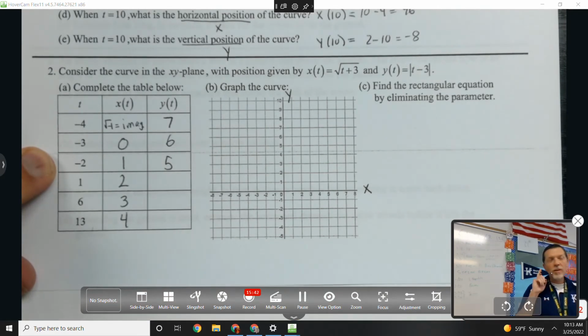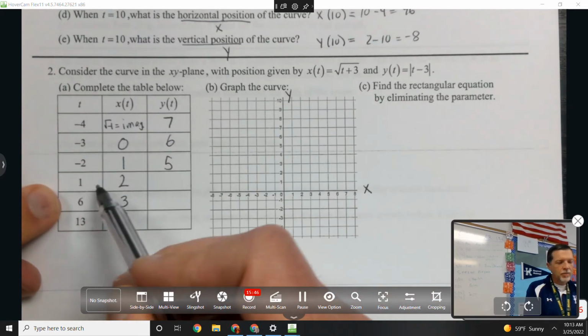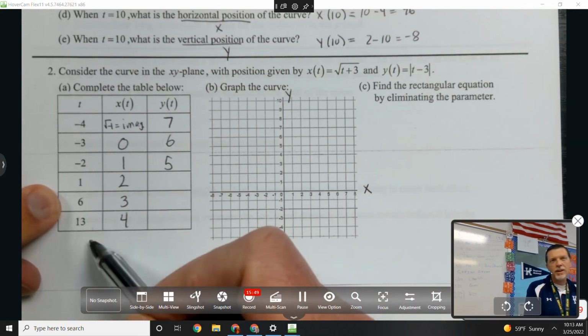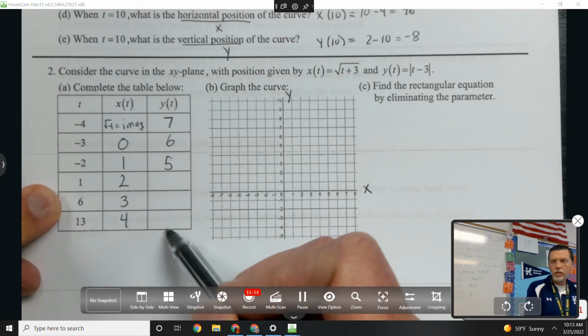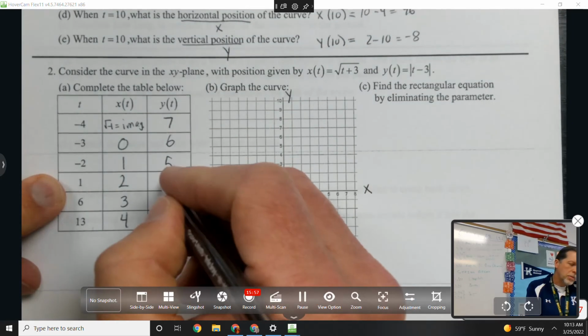Be careful about pattern recognition, because it's like, oh, I see the pattern. Well, yeah, except that the numbers for t start being random, so don't just fill in 4, 3, 2 here. Plug in 1. 1 minus 3 is -2, but that becomes a +2.